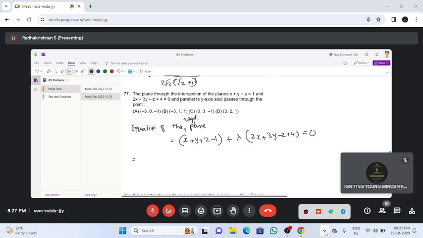So simply rewrite this. What is the x coefficient? 1 plus 2 lambda into x. I'm simply grouping x, 2 lambda x. So 1 plus 2 lambda x.